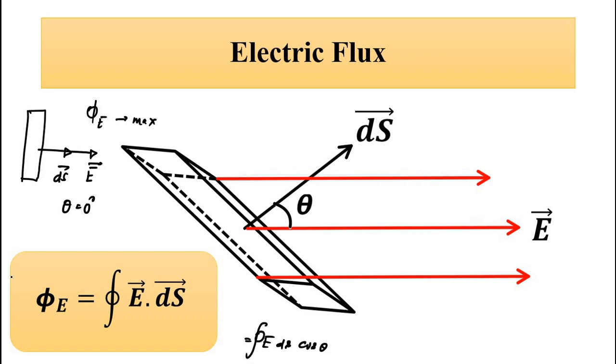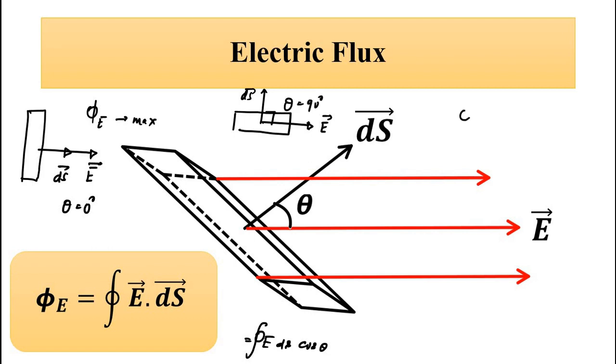When the surface is like this, the area vector and the electric field are at right angles to each other, theta will be 90 degree.